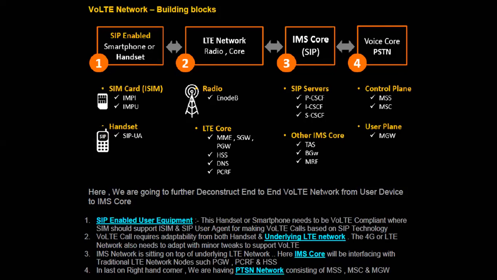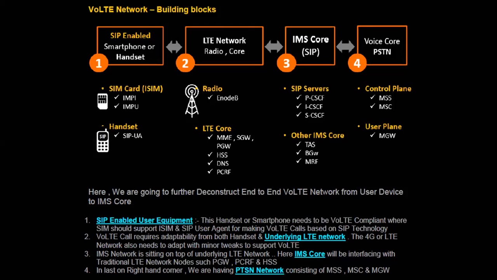Third one is your IMS network, sitting on top of the underlying LTE network. Here IMS core will be interfacing with the traditional LTE network nodes such as the P gateway, PCRF and HSS. Okay, so IMS communicates with the P gateway, PCRF and HSS for the required information.